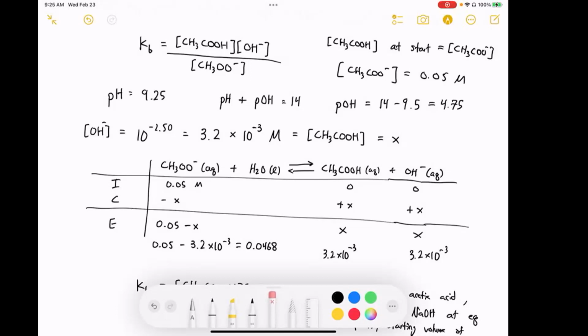So then if we do the inverse log of that, don't worry, your value should be much closer to the Ka of acetic acid.